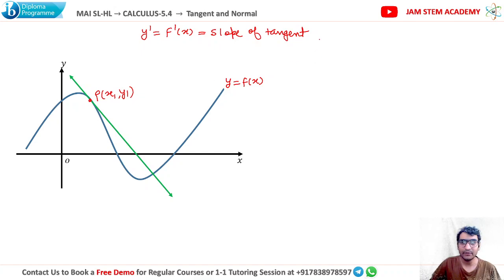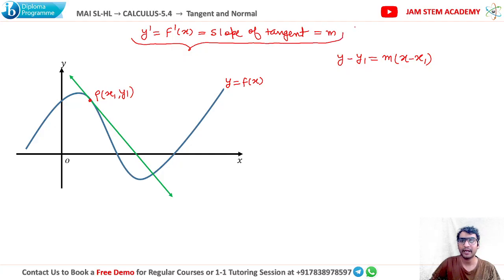Now we can easily find the equation of this tangent line using y minus y1 equals m times (x minus x1), where m is the slope of the tangent line at that point (x1, y1), the dy by dx value. That's the equation of the tangent line.